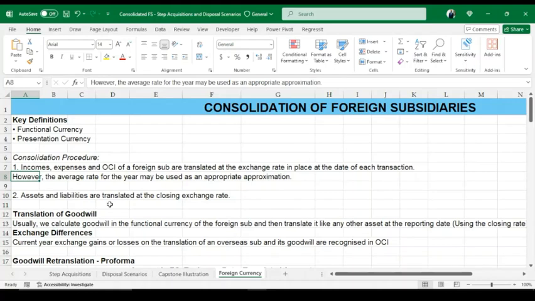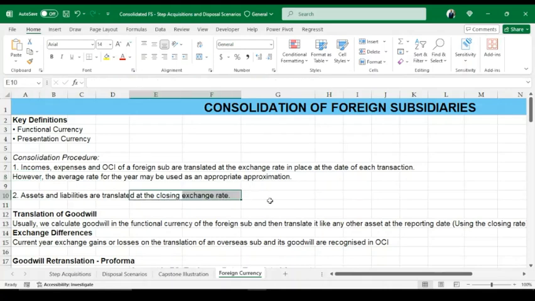Since we know that the consolidated statement of financial position and even the individual statement of financial position is prepared at the end of the year or at the end of a particular period, it is consistent and it makes a lot of sense for us to use the closing exchange rate to translate such items in the consolidated financial statements. All right, so that is what we have there.